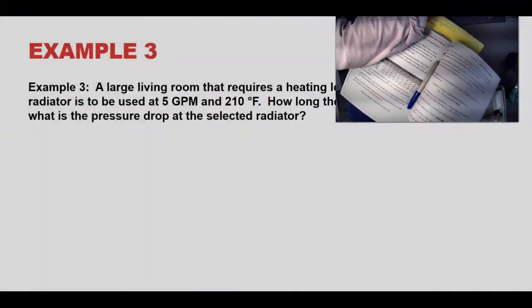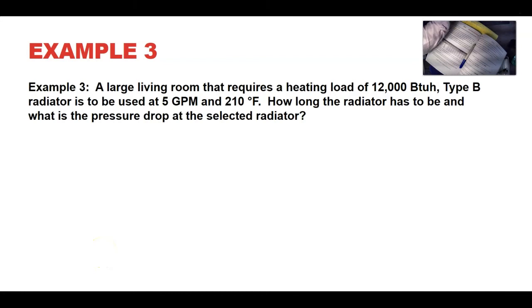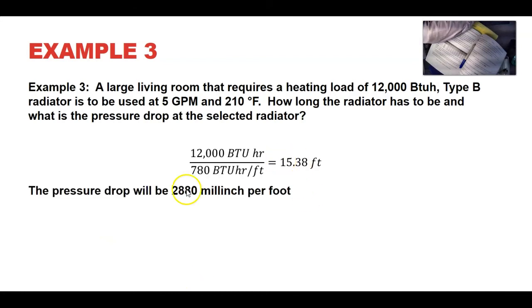So I'll go back to the example here, and if I go on, I took 780 because I looked at type B, and 5 GPM, and temperature is 210, so it's here, so it's going to be 780. I went with the higher limit. Actually, this is the radiator.